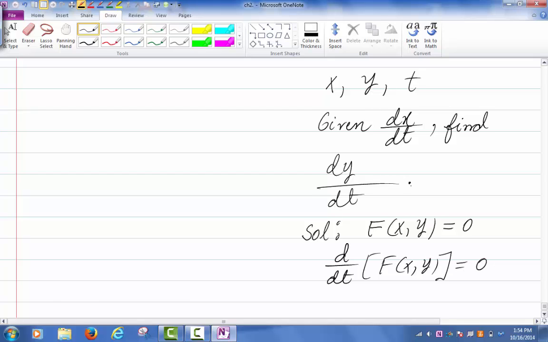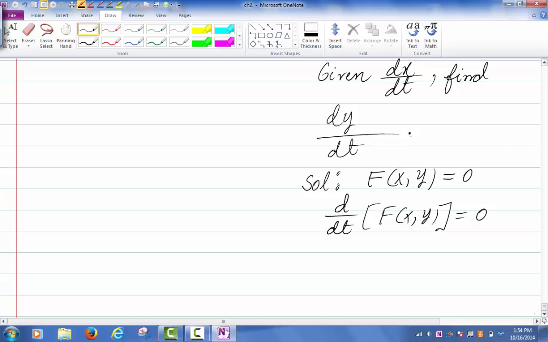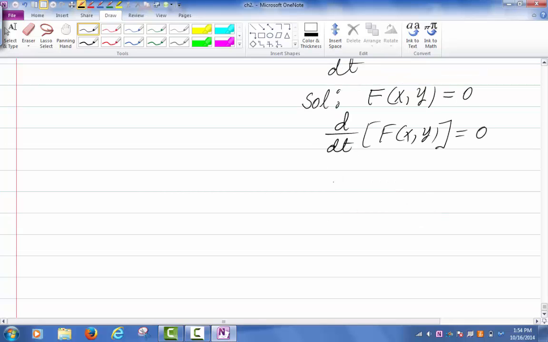Once you do that, you're going to end up with another equation, and that equation will involve the variables x and y, and also the rate of x and the rate of y.